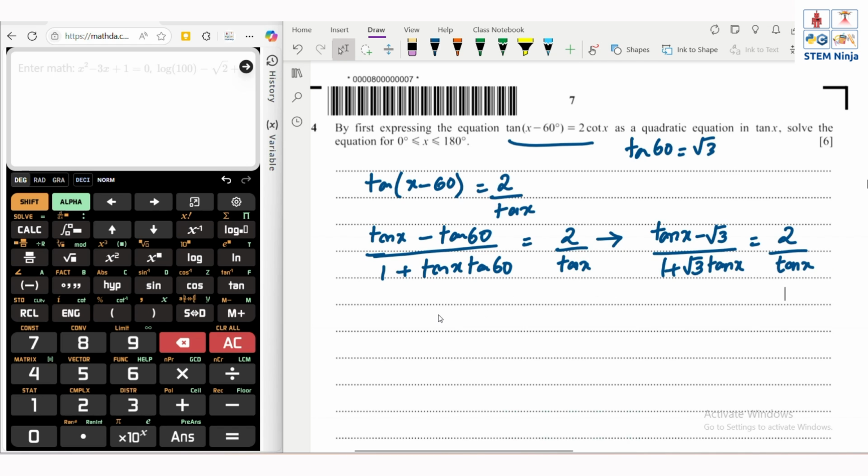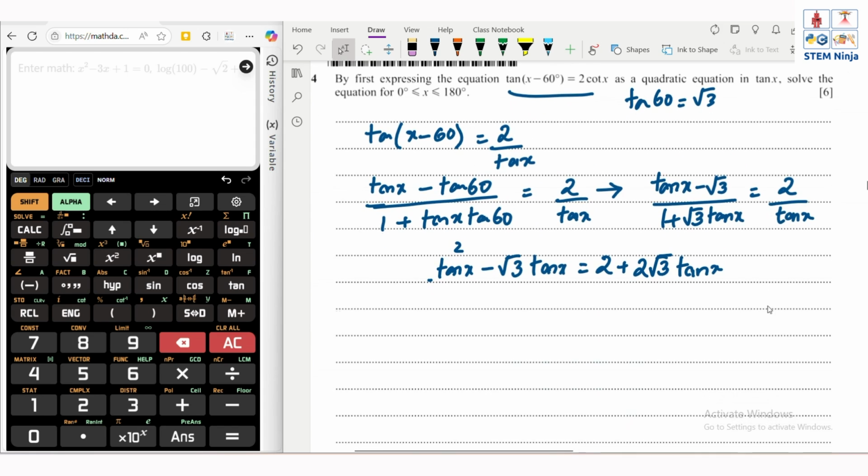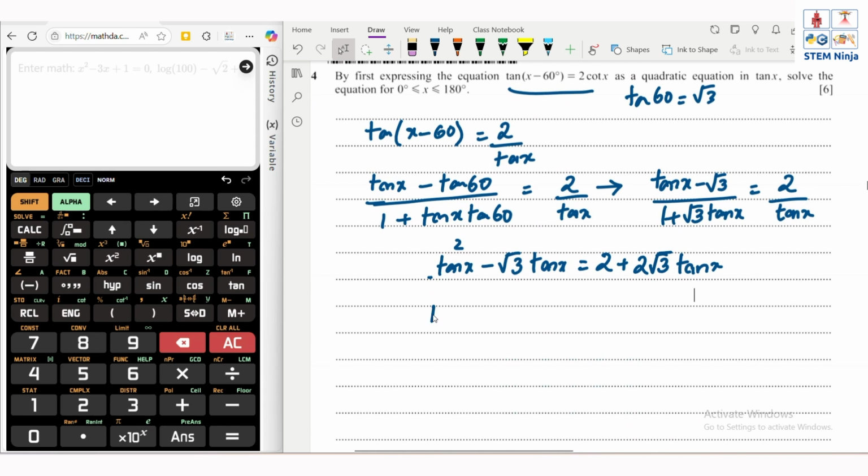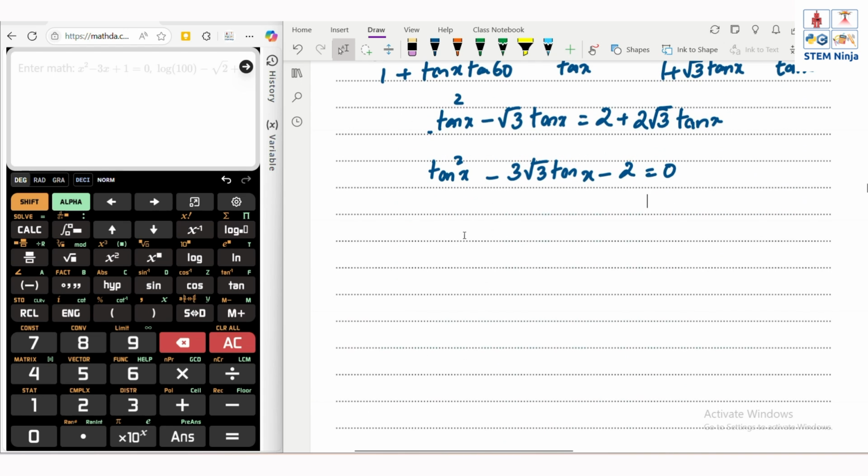Now we cross multiply by tan x: tan squared x minus root 3 tan x equals 2 plus 2 root 3 tan x. Now we bring everything on one side, make it a proper quadratic equation. So tan squared x minus 3 root 3 tan x minus 2 equals 0. Now we solve for tan x.